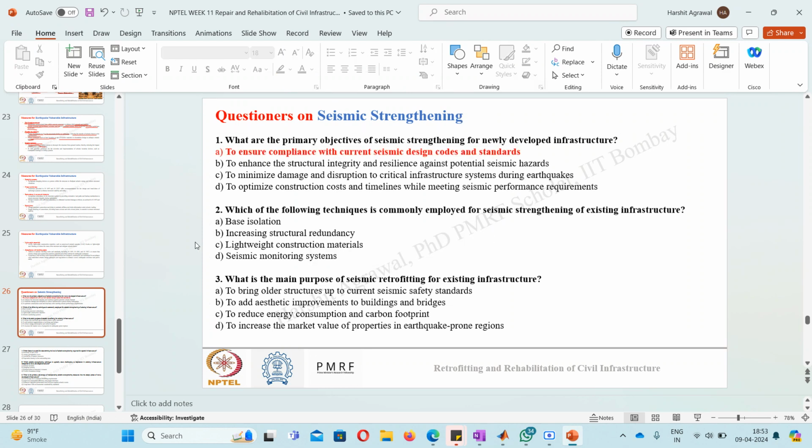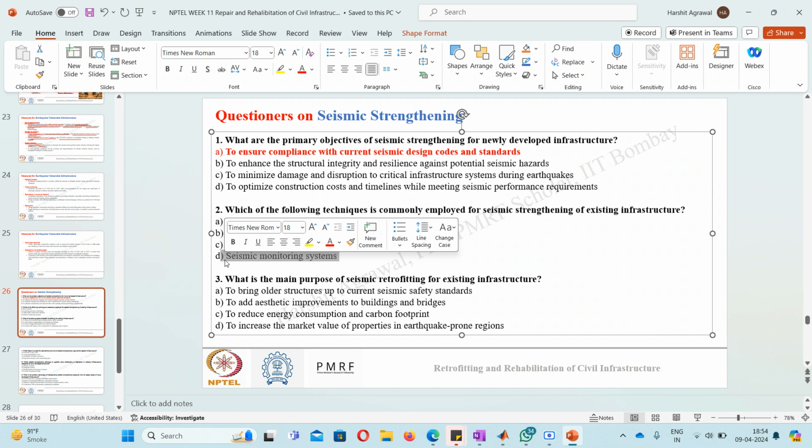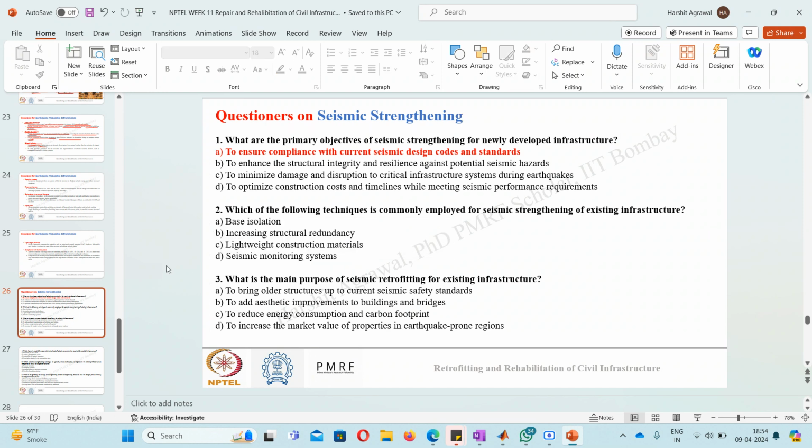Now, the second question asks us which of the following techniques is commonly employed for seismic strengthening of existing infrastructure. So, the options are base isolation, increasing structural redundancy, lightweight construction material, and seismic monitoring system. So, for existing infrastructure, the answer can be base isolation.